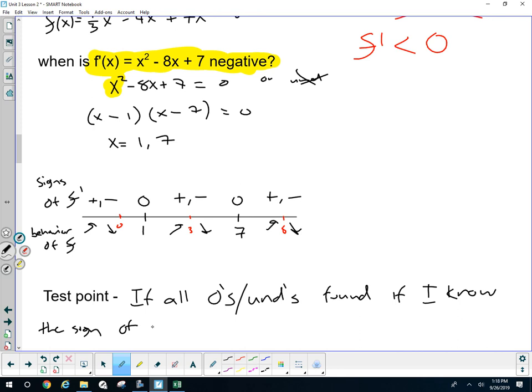If I know the sign of one value in an interval, I'll know the signs of all the values.